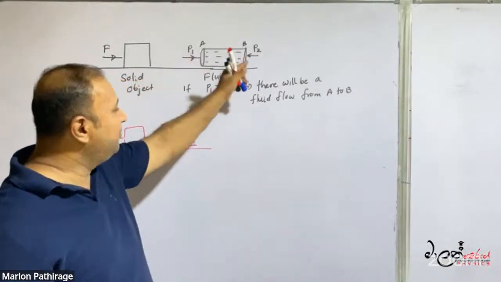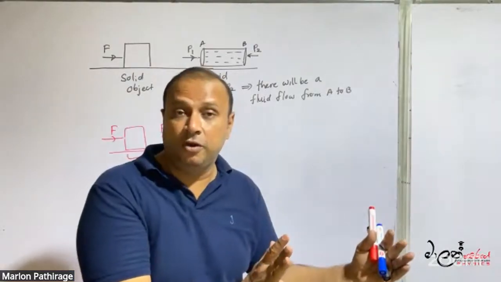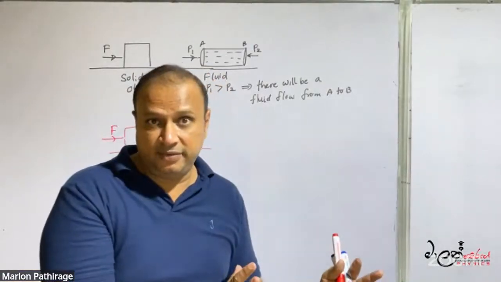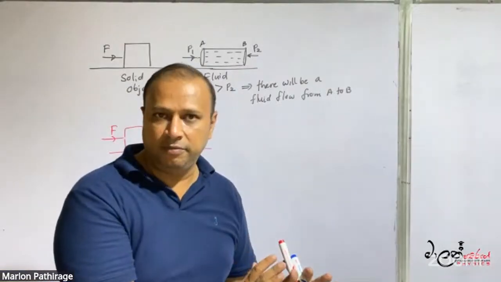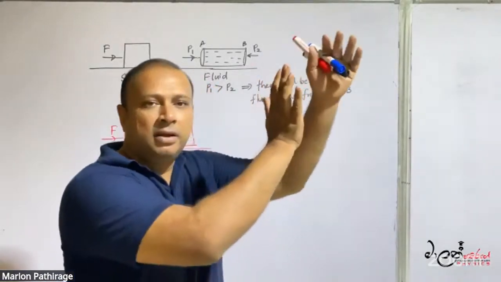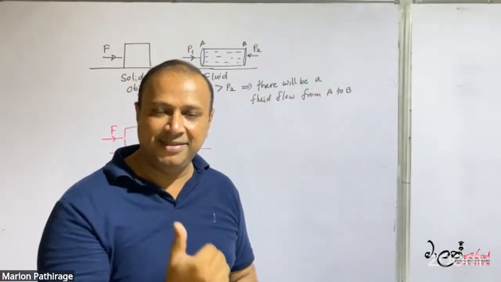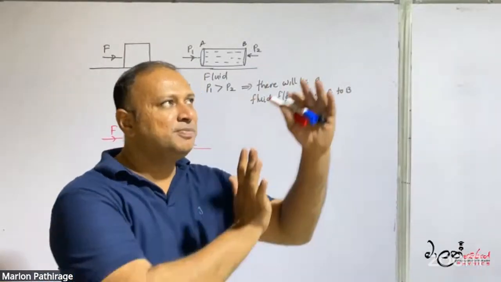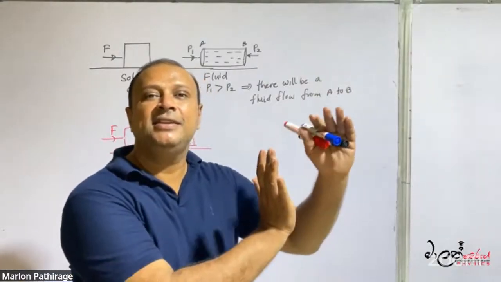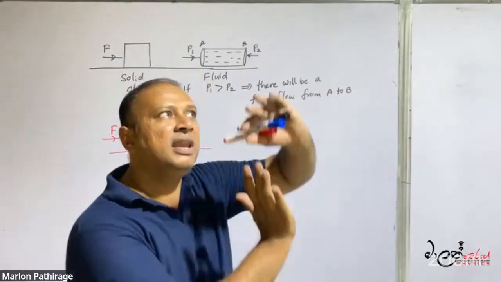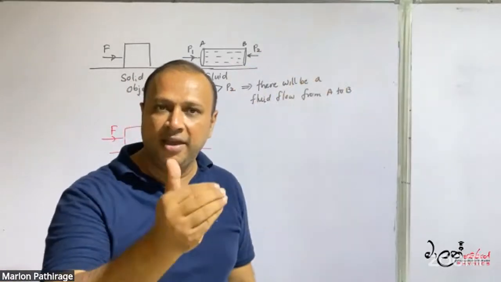As a result, the velocity of the liquid flow can be changed, and the elevation of the liquid flow can be changed. That means due to this pressure difference, the kinetic energy of the liquid flow as well as the potential energy of the liquid flow can be changed.